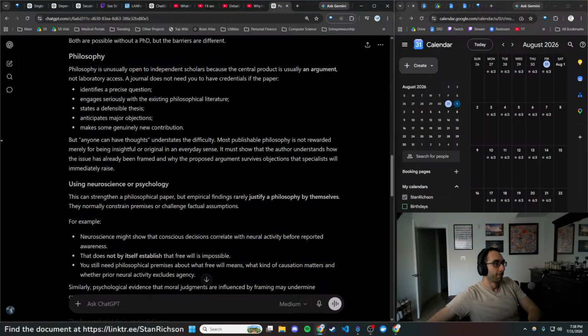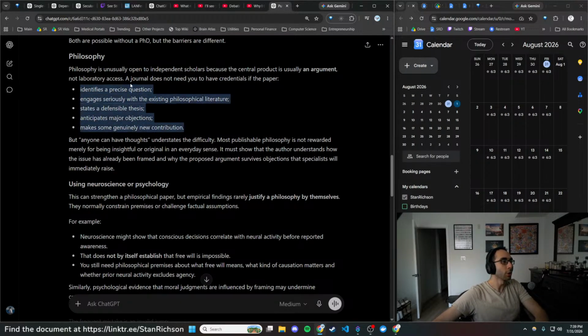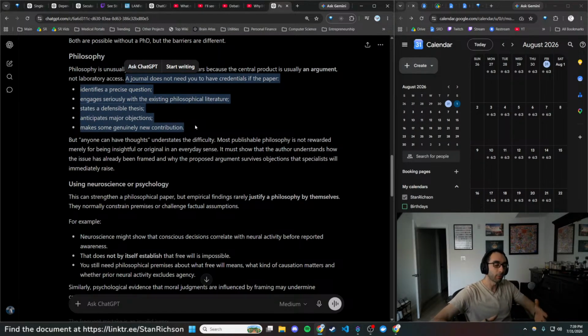So the issue with, let's just say, me making a contribution to philosophy is that, so this is an example where I should just say the actual point first. The issue would be that these usually require you to make a specific point about a contribution to the field.